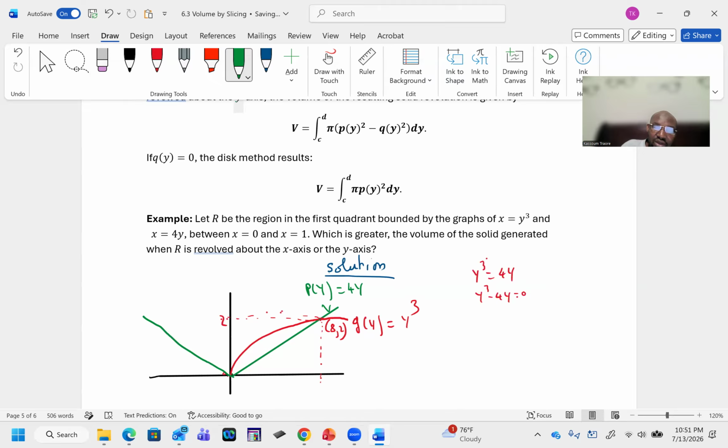So you see what will happen is this one. And don't mind my graph. You see, right? So the volume that we will have generated will be something like this.